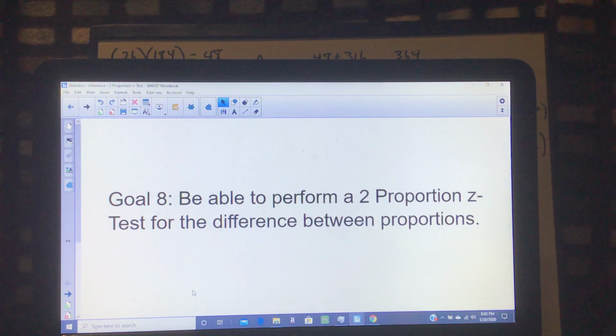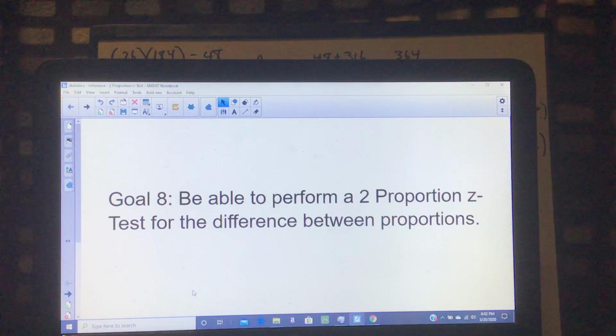You then use the difference in the sample to try to infer what the true difference in the population may be. So even though your sample has a difference, it doesn't mean the population has the same difference, but the population difference is hopefully nearby. That was the idea in the other video of the two-proportion z-interval.